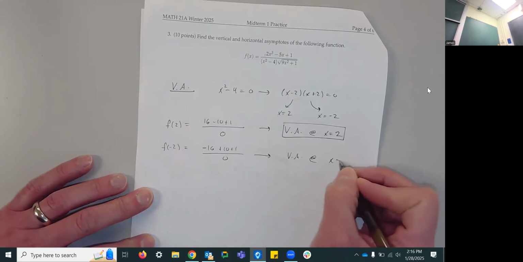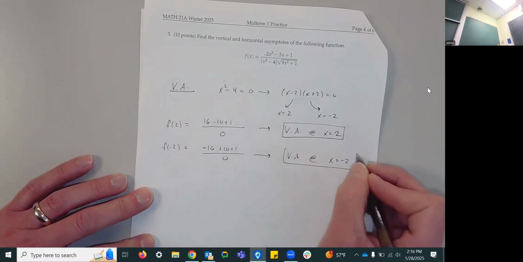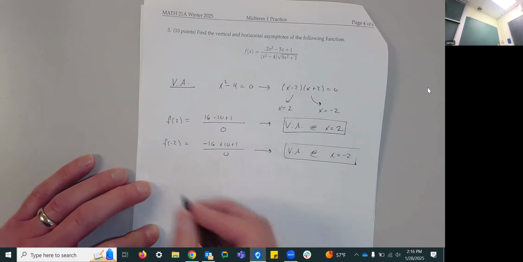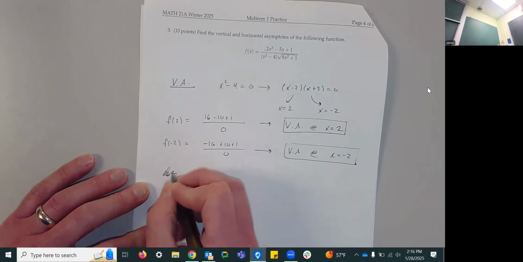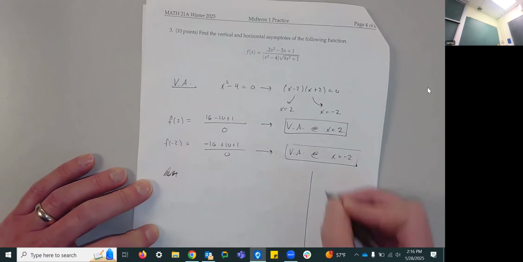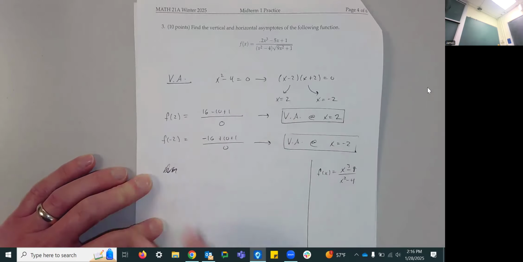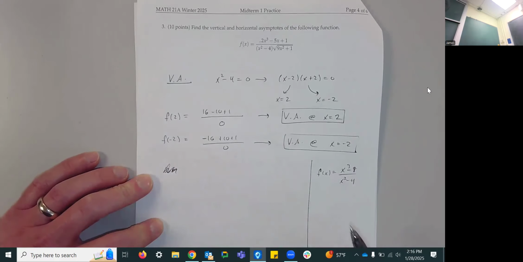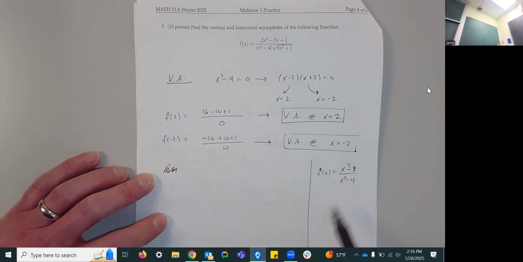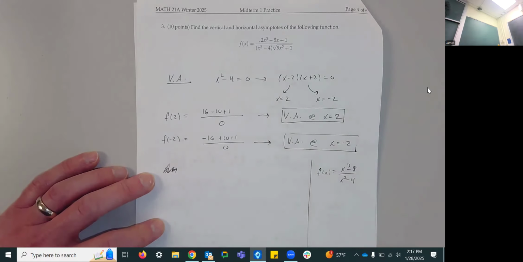What I want you to be aware of is that, as a quick aside, if I gave you something like x cubed minus 8 over x squared minus 4, this function would have a vertical asymptote at negative 2, would not have a vertical asymptote at positive 2. Because when you plug in 2, you don't get not 0 over 0, you get 0 over 0. So typically 0 over 0 doesn't lead to a vertical asymptote.